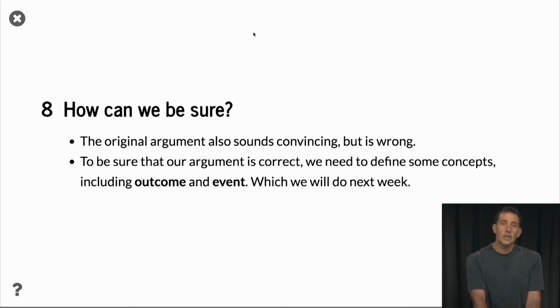So how can we distinguish between this argument and another argument and say which one is right without doing a simulation? A simulation is fine, but sometimes, as you saw already, running a simulation to answer a probability question is hard. You have to run for a long, long time, and you get only an approximate result.